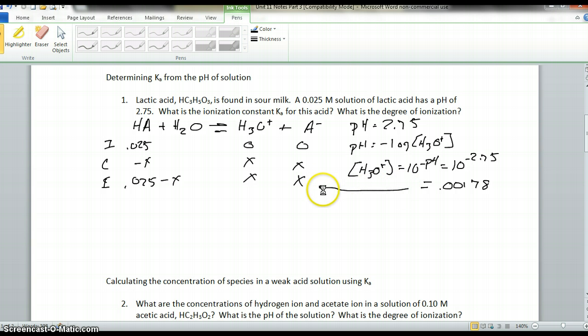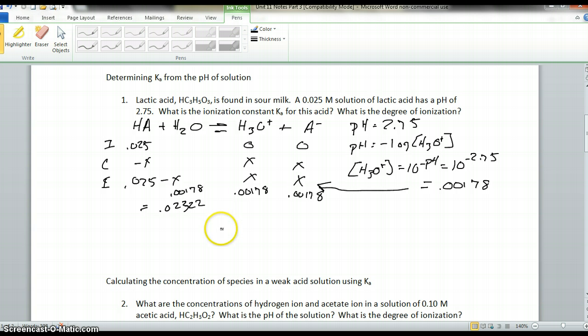If you look over here, hydronium is x. So this is 0.00178, this is 0.00178, and this is 0.025 minus 0.00178. When you do 0.025 minus 0.00178, you get 0.02322.